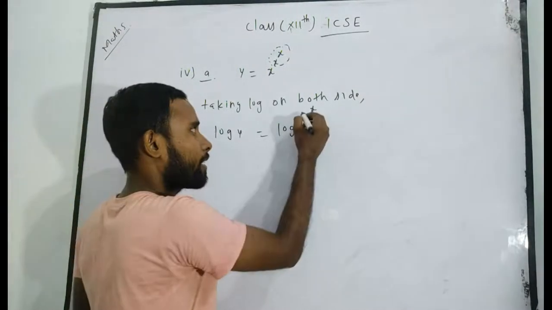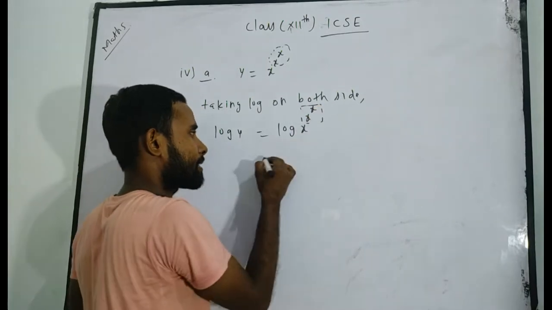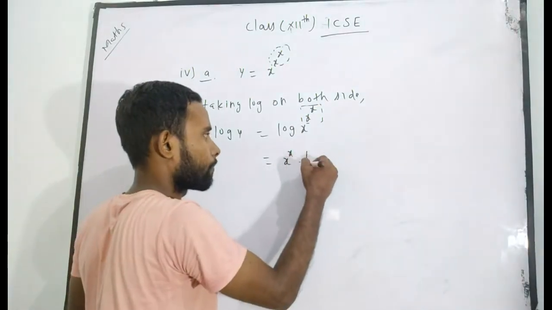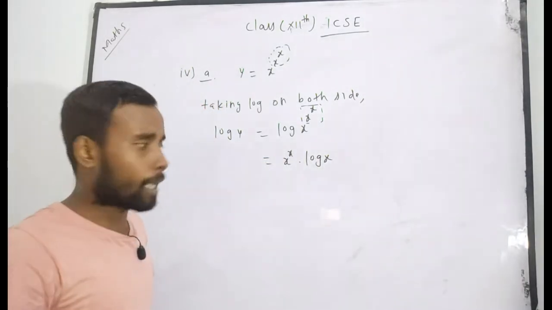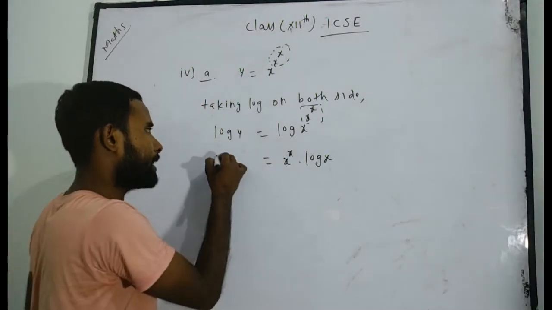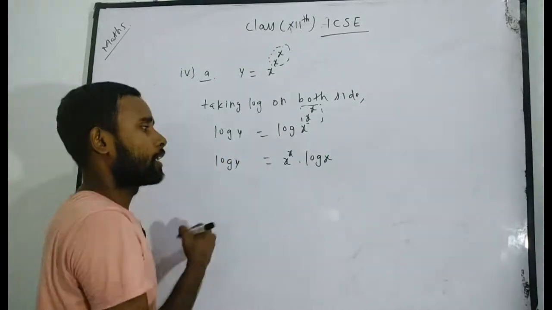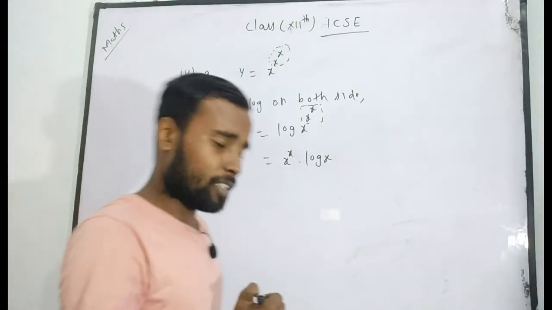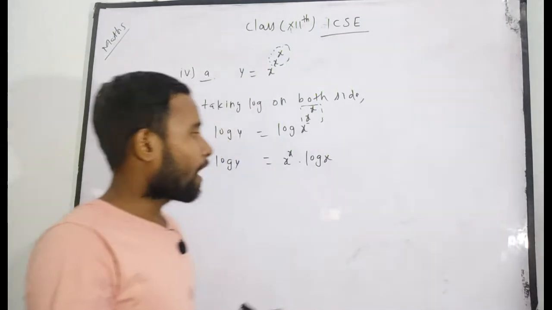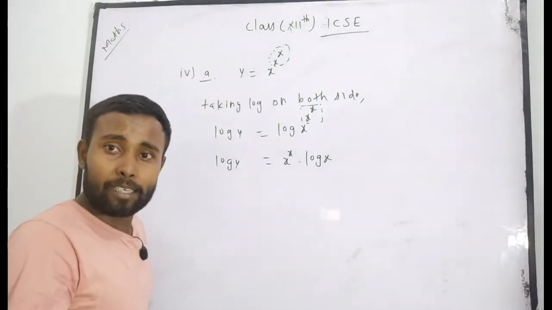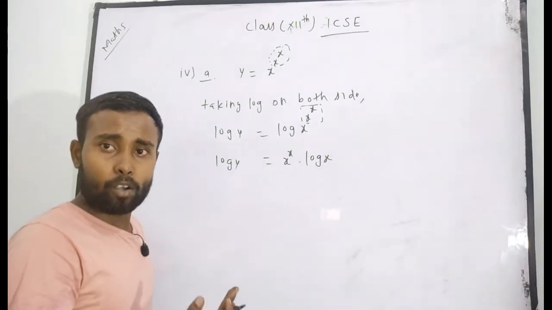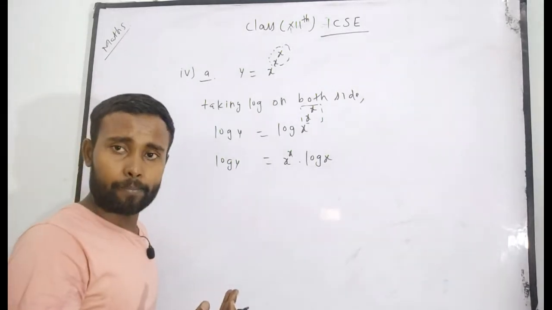After taking log, the power definitely comes down. Now it will be log y is equal to x to the power x into log x. Now you can differentiate on both sides directly.